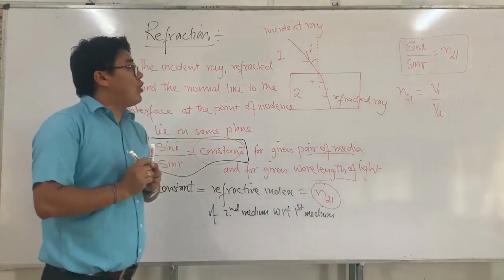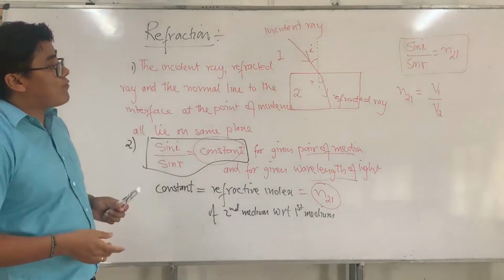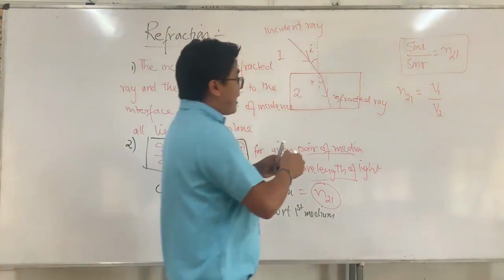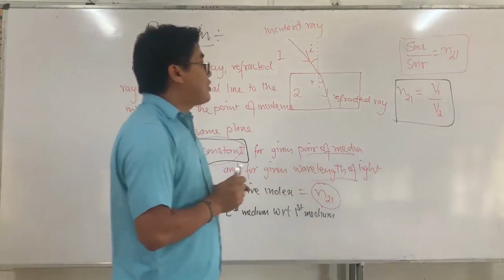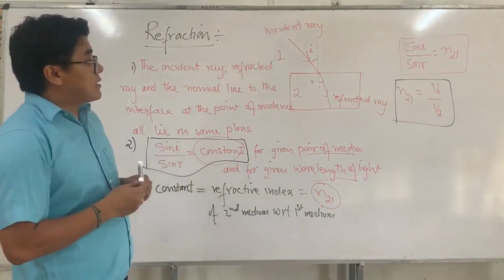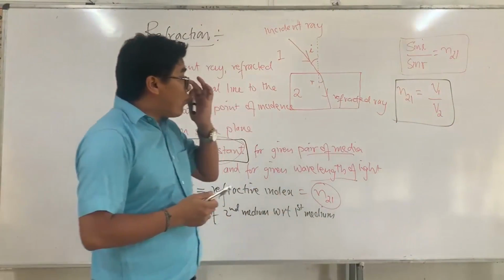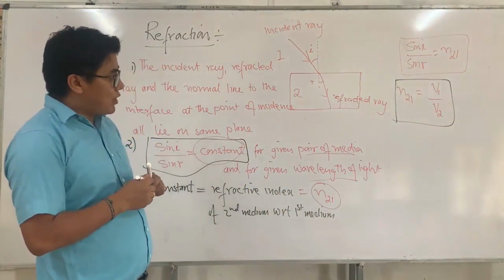The ratio of velocity of light in first medium to that of second medium. This is again what we have, a relation. This is n21 is equal to V1 divided by V2.